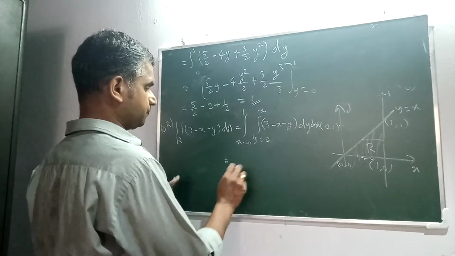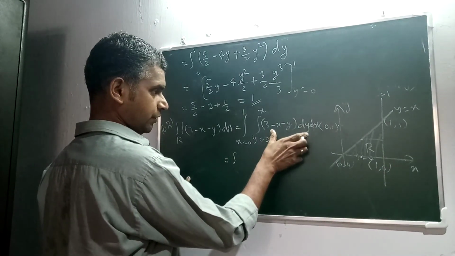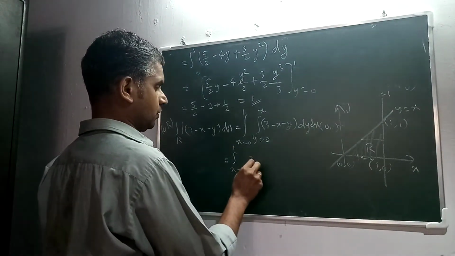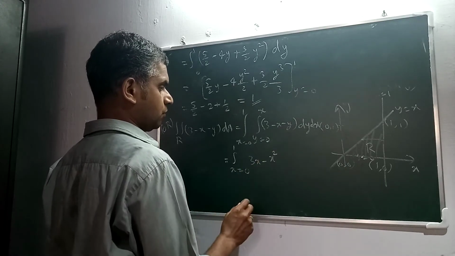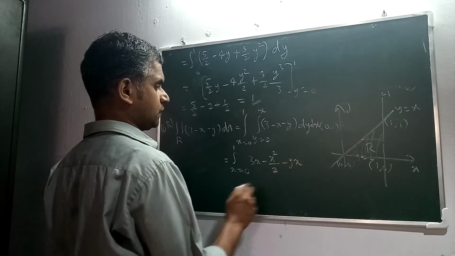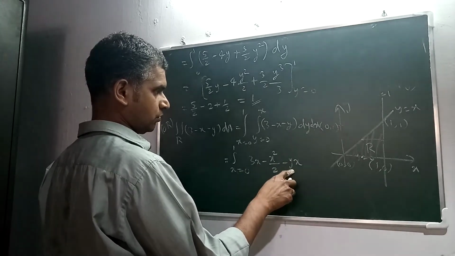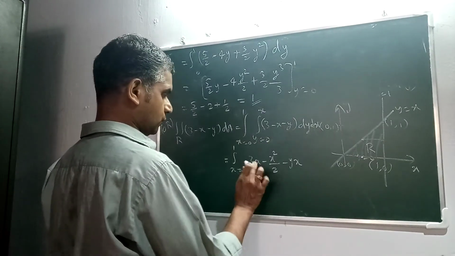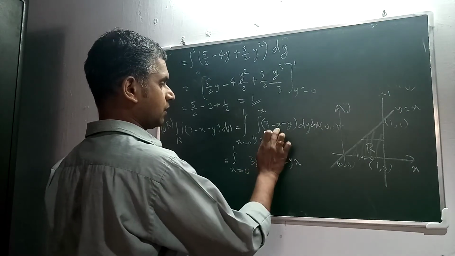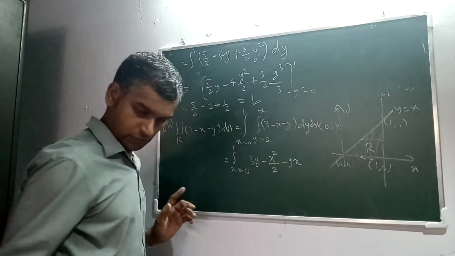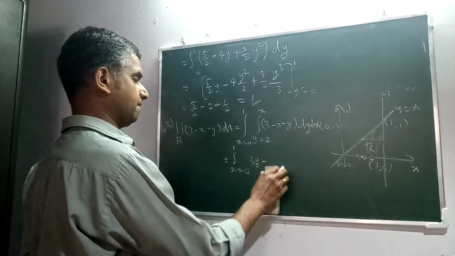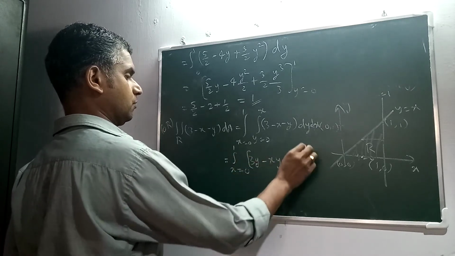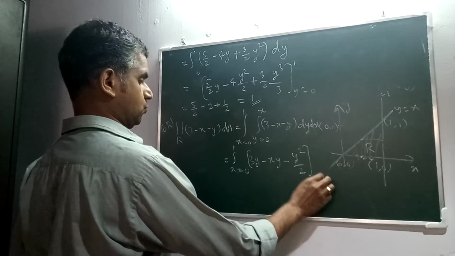So this is equal to, first we have to compute the integration with respect to y. So this is x equal to 0 to 1, 3x minus x square by 2 minus yx. We are integrating with respect to y, keeping x constant. So 3y minus xy minus y square by 2, y varies from 0 to x.